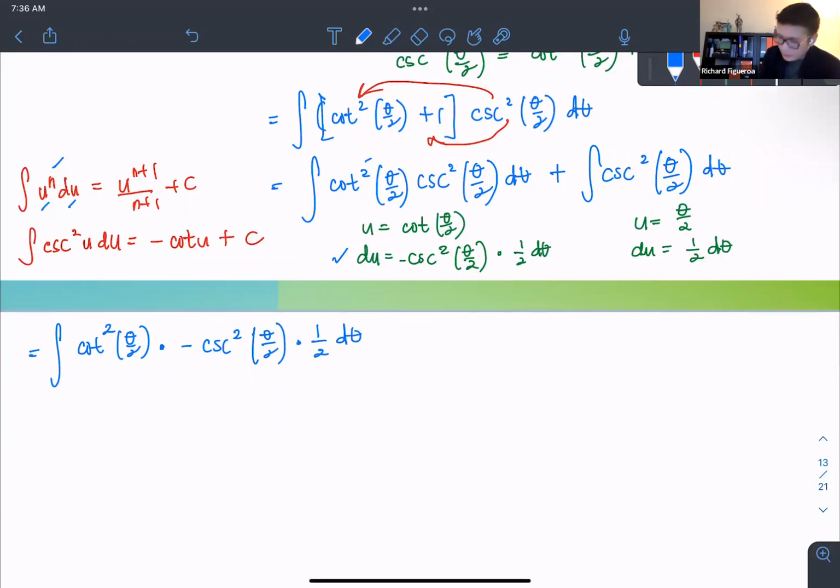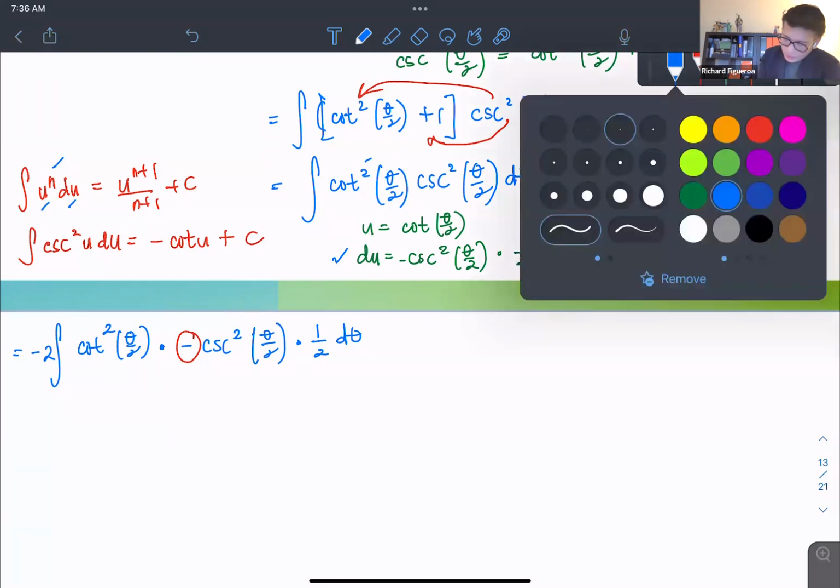So what is in excess here? We don't have the negative, and at the same time, we don't have the 1/2. So we neutralize the 1/2 by multiplying it by 2. So instead of dividing, this would be equal to negative 2. And negative 2 times negative 1/2 is just 1. Okay?